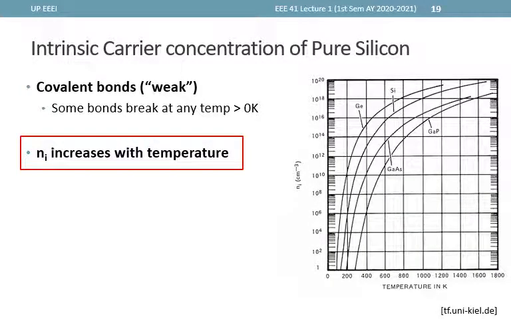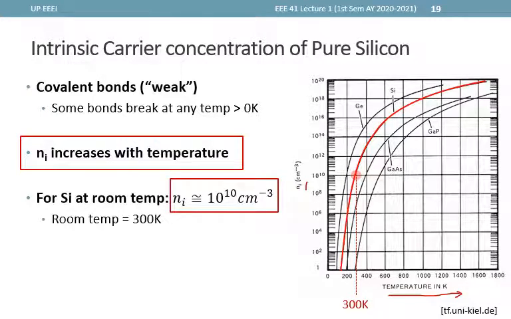In this figure, you can see Ni on the y-axis and temperature on the x-axis. This plot shows that the intrinsic carrier concentration increases with temperature. It is only expected because as you increase the temperature, the thermal energy increases, and therefore it is more likely that electrons will have enough energy to break covalent bonds.